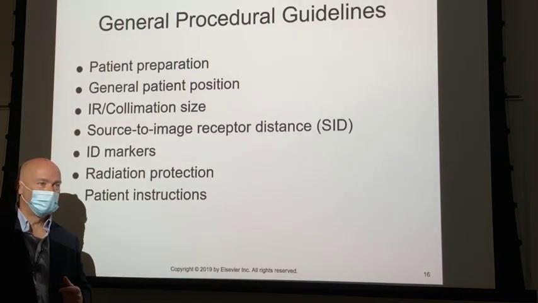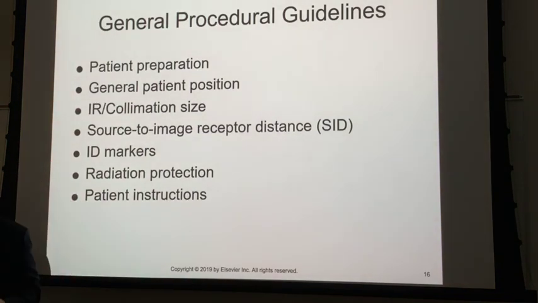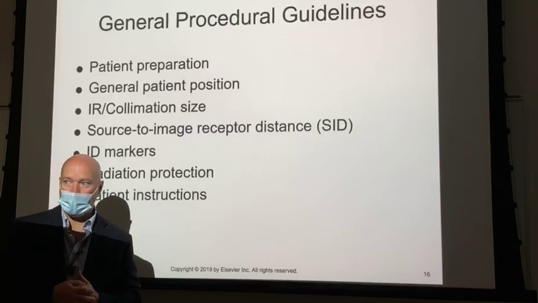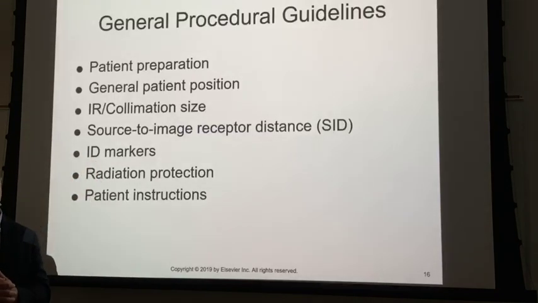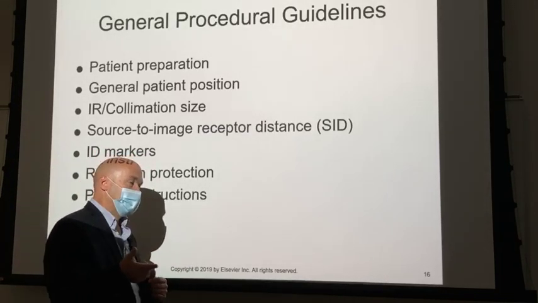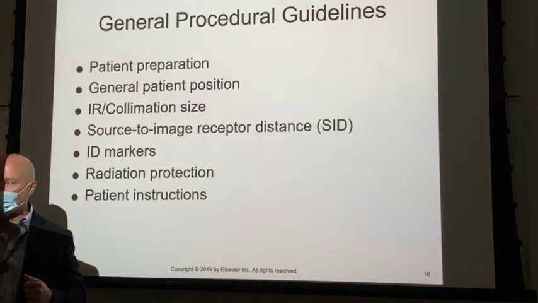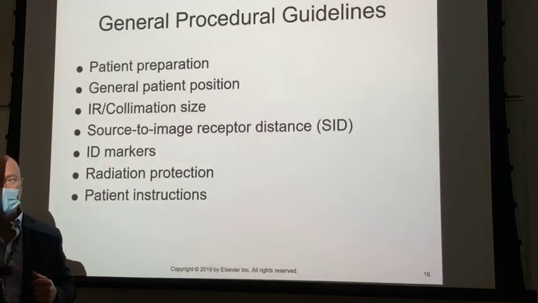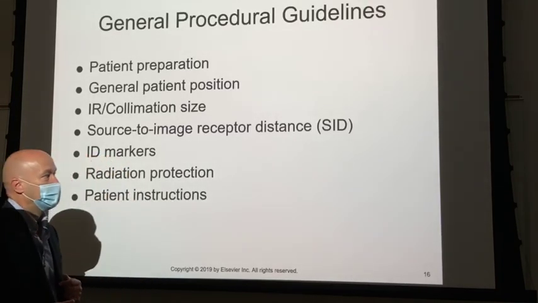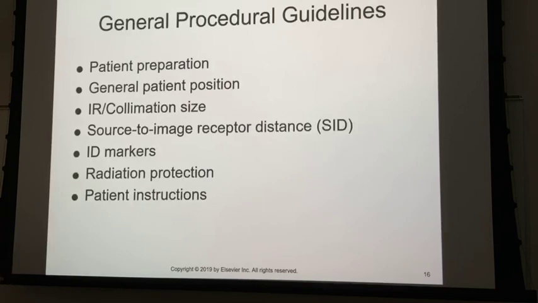So what's your general rule for field size, collimation size? Collimate to the hand. Collimate to the part, right. So you want to use the smallest image receptor possible, and you want to use a field just to include the anatomy that you want to see, and you never want to have a field larger than the image receptor, right? So collimate to the part, never larger than the image receptor.